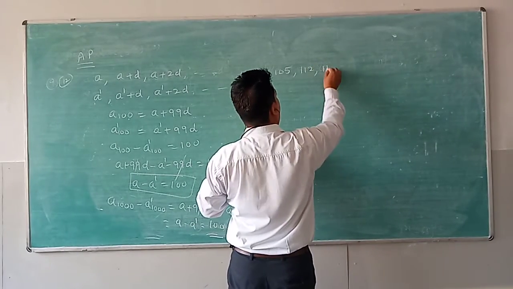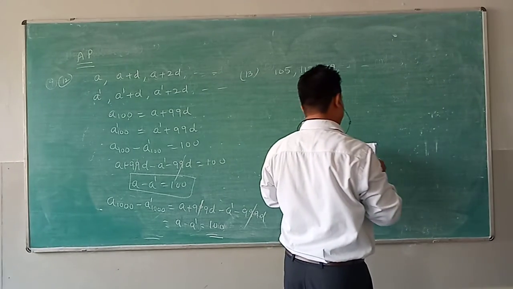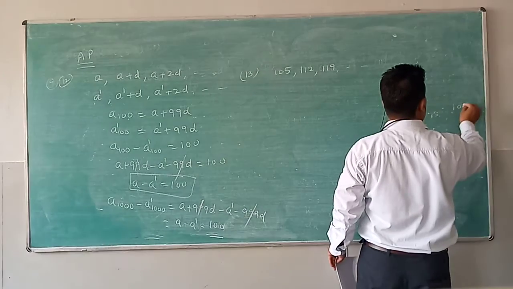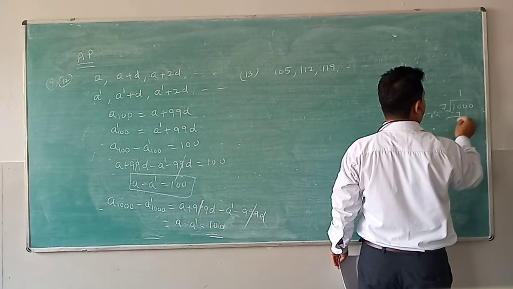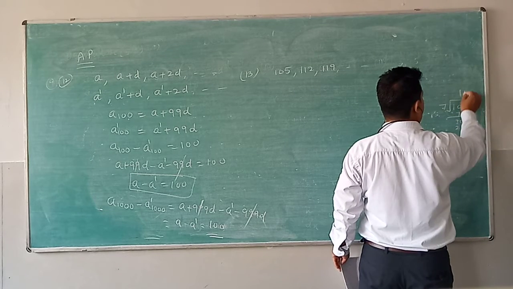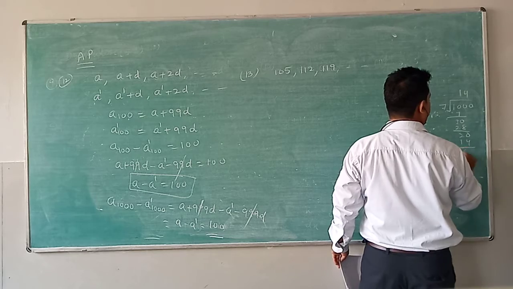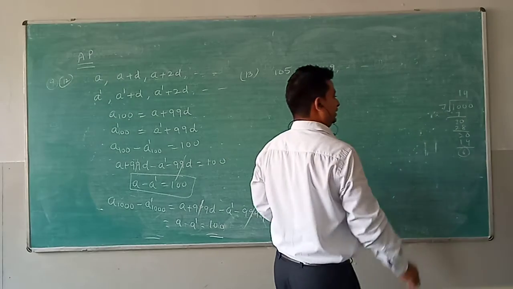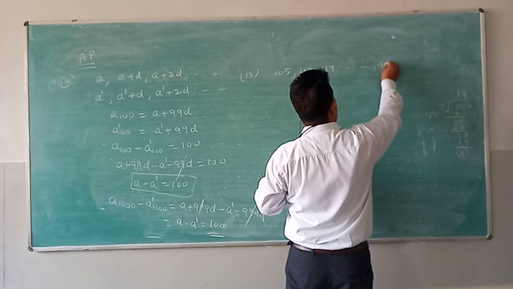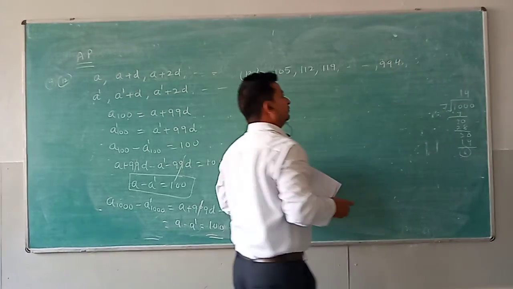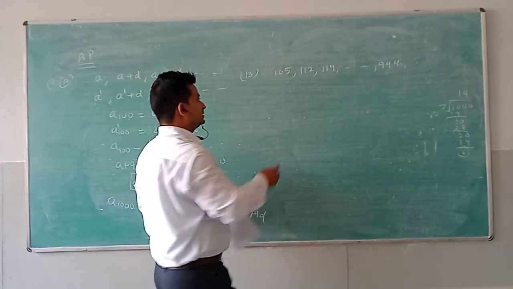The last one: the largest 3-digit number is 999, so we divide 1000 by 7, the remainder is 6. When we subtract 1000 minus 6, we get 994. So 994 is the last 3-digit number which is divisible by 7.